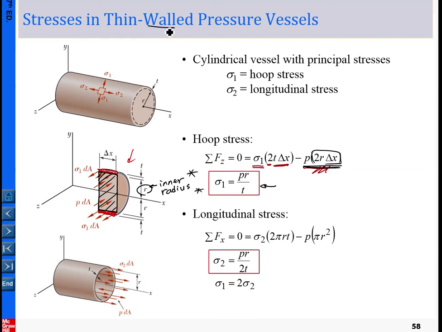The wall thickness is T, and P is the gauge pressure, or internal pressure, of the vessel. This is a very roughly approximated solution, and it is good enough as long as T is very small. How small? Usually we say T is much smaller than R, which basically means ten times smaller.